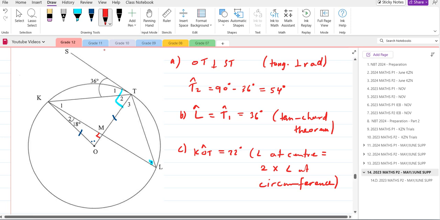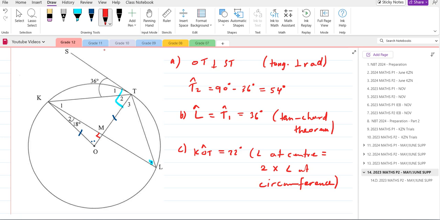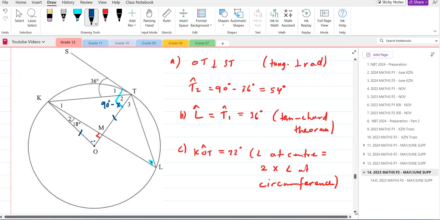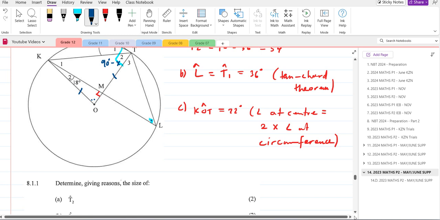Okay, so we got angle T2, which is 90 minus x. Okay, so we can see angle OMK. Angle OMK is 90.